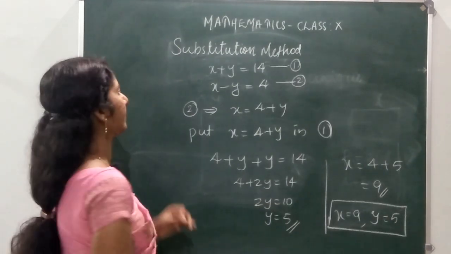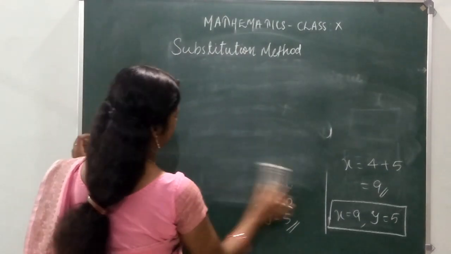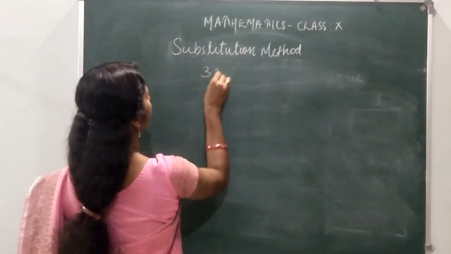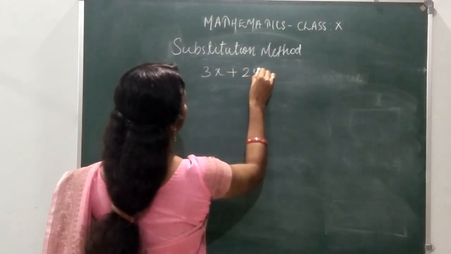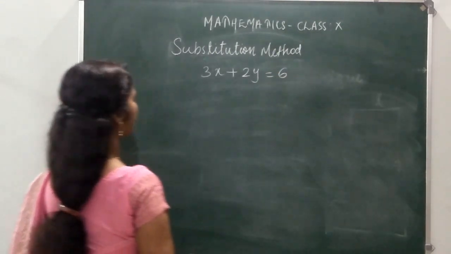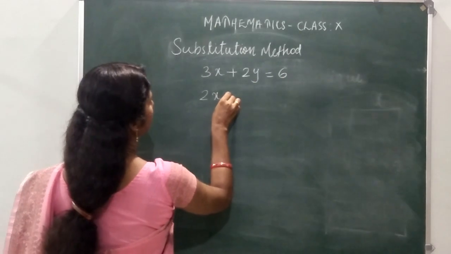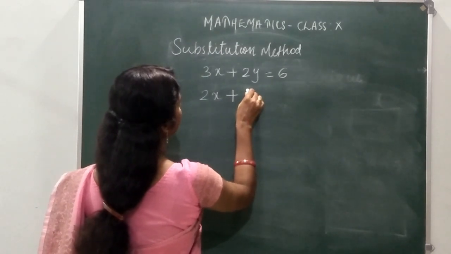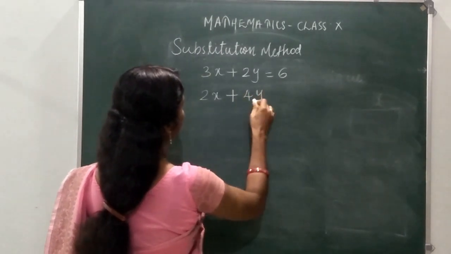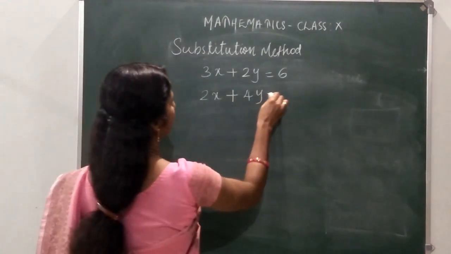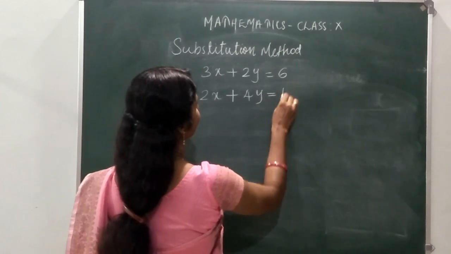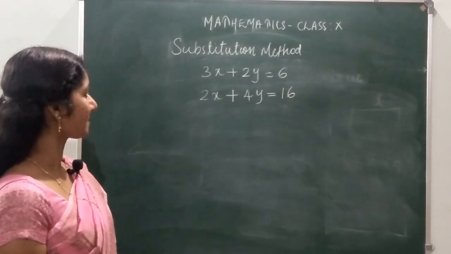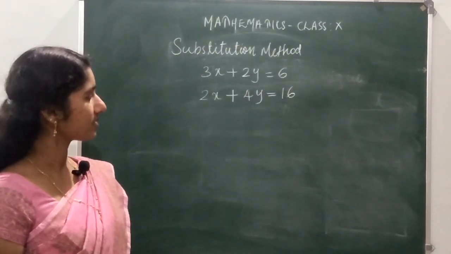Clear? Okay. Then one more question. Two equations are given like this: 3x plus 2y is equal to 6, 2x plus 4y is equal to 16.